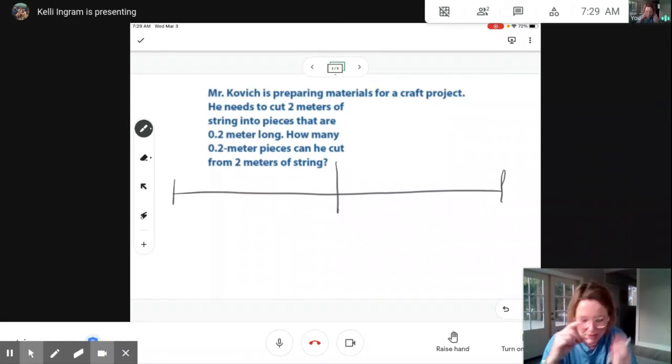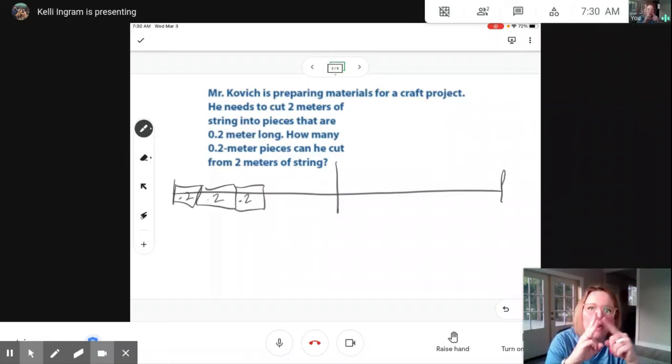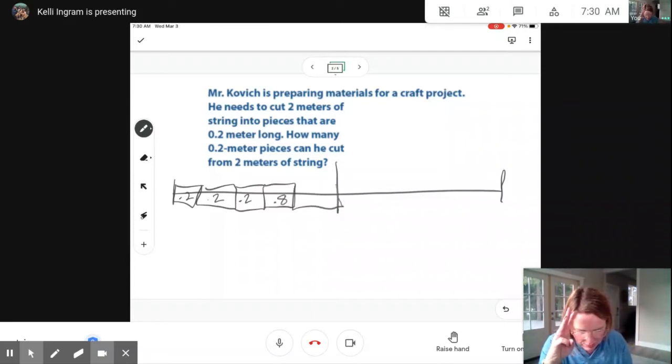Remember, he's cutting pieces that are 2/10 of a meter. So he's got 2/10, 2/10, 2/10. Okay, 2, 4, I'm up to 6/10, another 2/10, that's 8/10, 2 more tenths. Sorry, guys. Each of these pieces is 2/10.